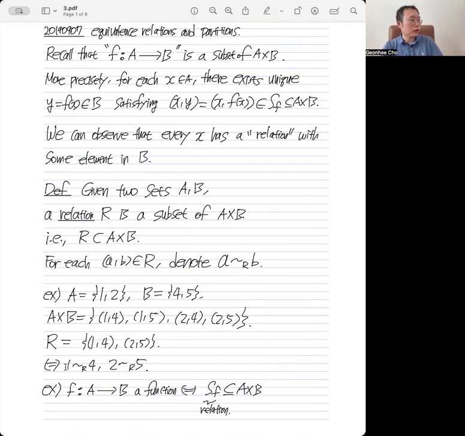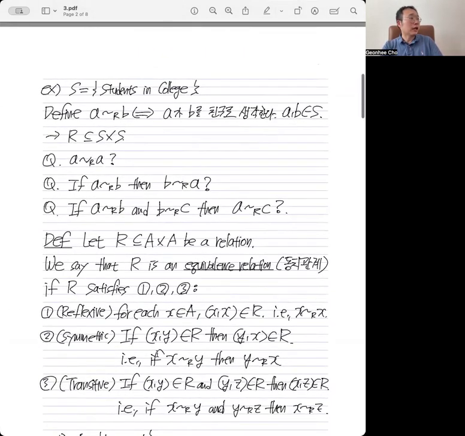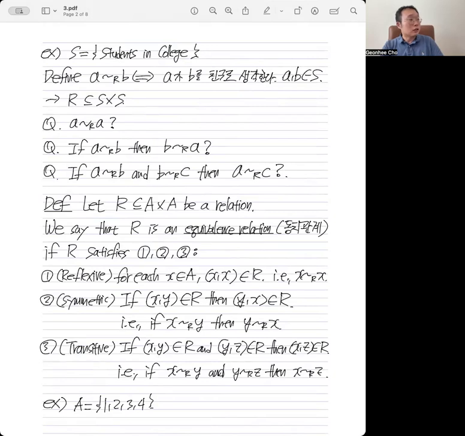Then we can regard 1 as related to 4, and 2 as related to 4, from this relation. So there are tons of ways to define a relation, and a function is a special kind of relation. One of the special kinds of relation that we use most is the so-called equivalence relation.